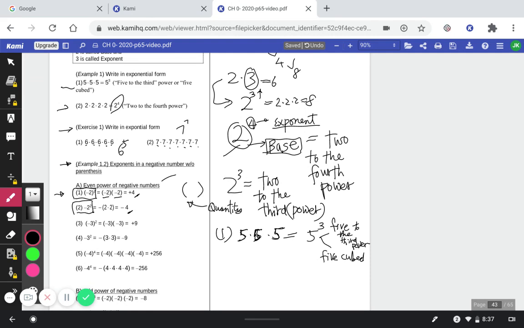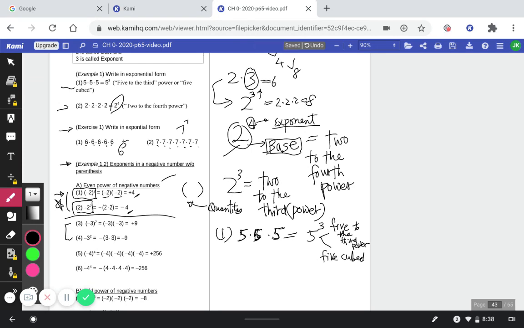You are multiplying the base, which is negative 2, by itself twice. So negative 2 times negative 2 becomes positive 4. So you have to be very careful to distinguish these two, one with the parentheses, one without. Now, knowing that, how about number 3 and number 4?